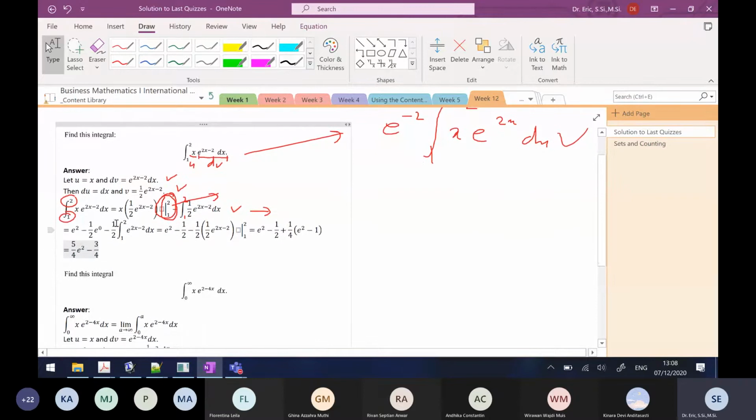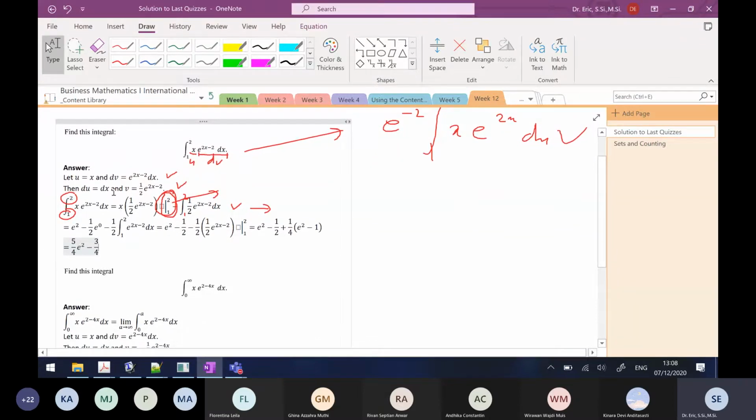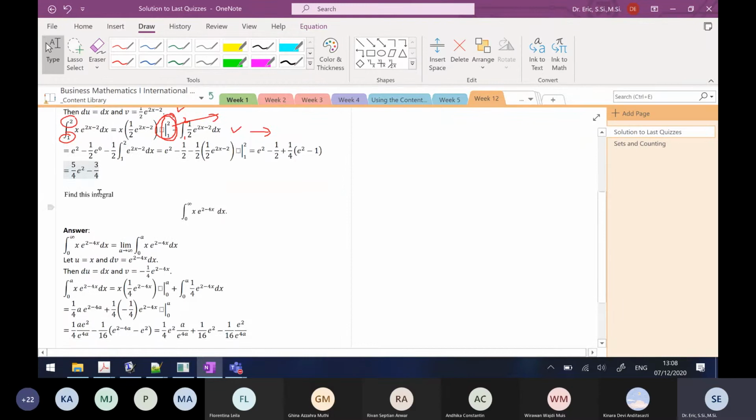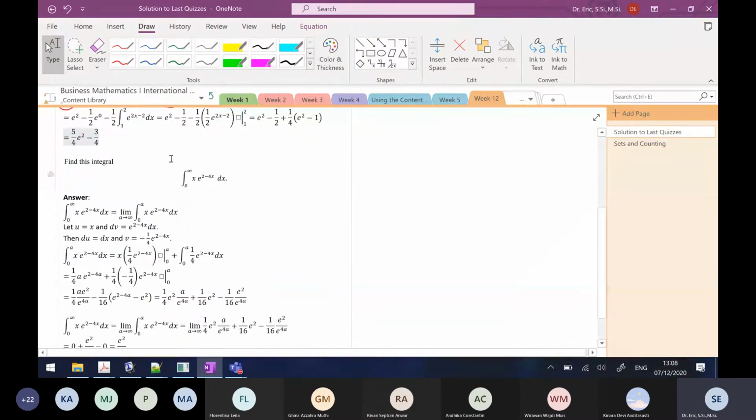Okay, I think that's all. Now find this integral. Don't forget, when we are dealing with an improper integral, what do we mean by improper integral? It means that if you have infinity here or infinity here, you must write down the limit.